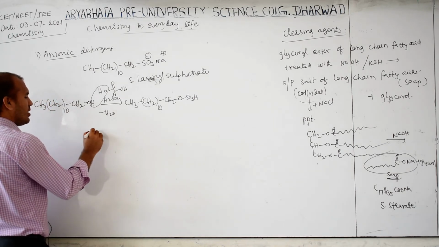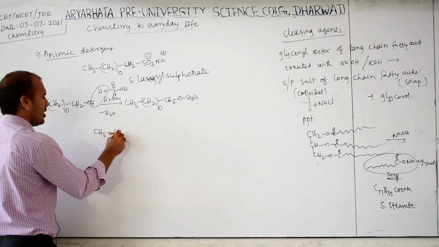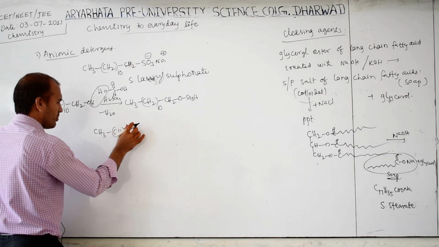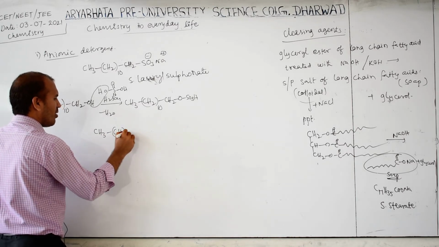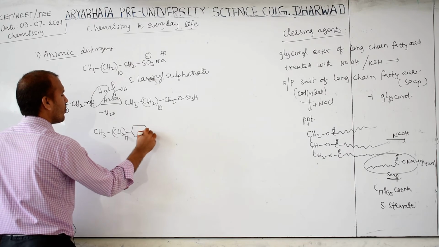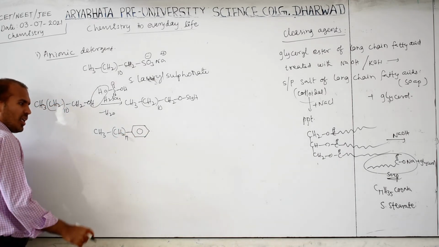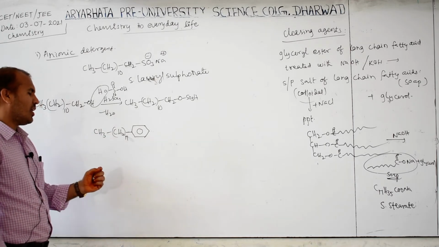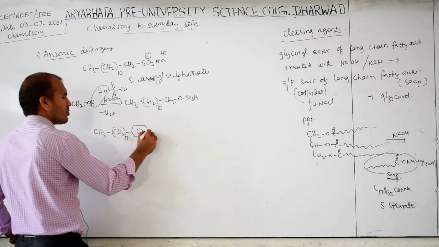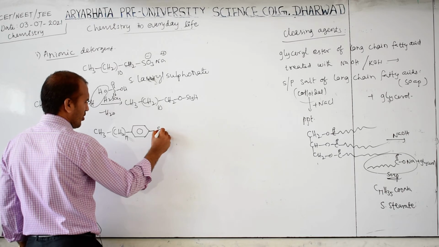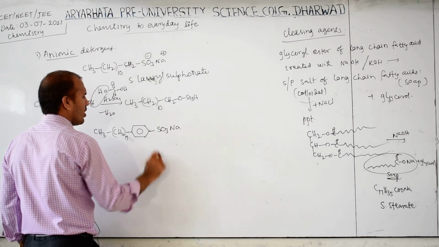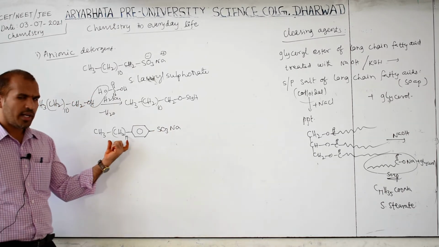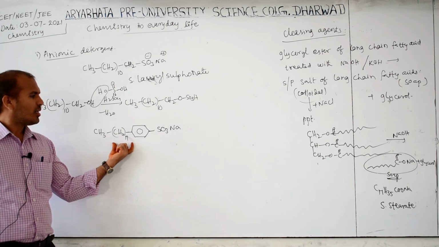Another one is CH3(CH2)11, dodecyl, which means 12 carbons, 11 plus 1, sodium dodecyl sulfonate. This is also one of the anionic detergents.